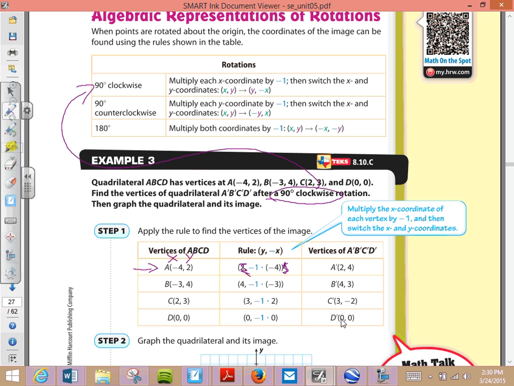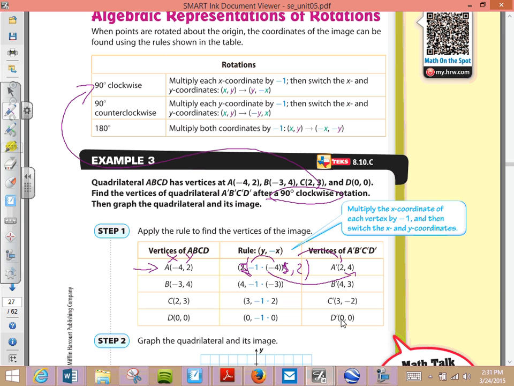Yeah, positive 4. So when you multiply negative 1 times negative 4, I get positive 4. The 2 we don't touch. And then the second part says, then switch the x and the y coordinates. So the 2 is now the x, and the positive 4 is now the y. So there's two different things going on.